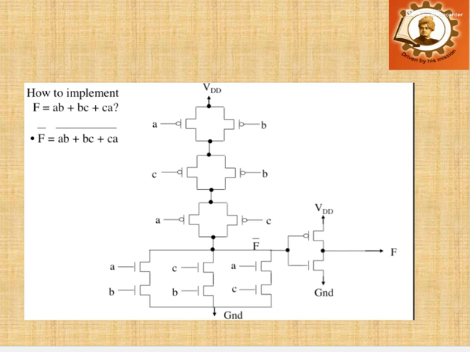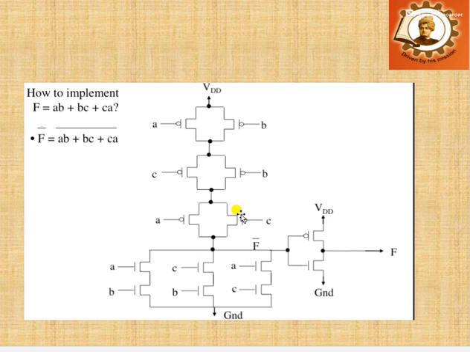Since AB will be in the AND operation, there will be a series connection of NMOS, and for BC there will be a series connection of NMOS to NMOS. For CA there will be a series connection of again two NMOS. Since these products are in OR operation, these three products will be in parallel to get our entire pull down network.